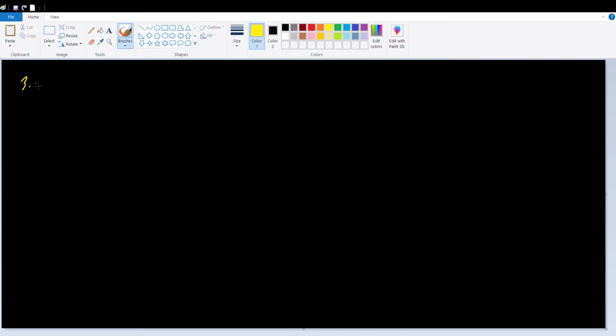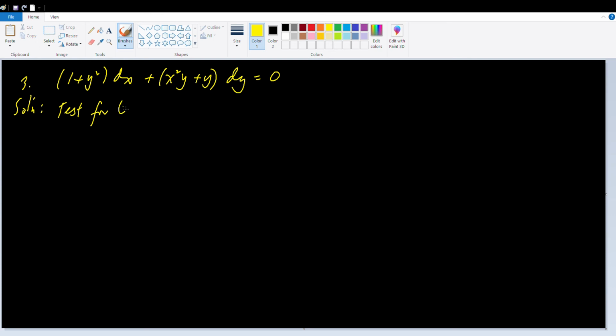For the next one, we try 1 plus y squared dx plus x squared y plus y dy equal to 0. Let us test whether the equation is exact. So the partial of m with respect to y is equal to 2y, and the partial of n with respect to x is equal to 2xy.